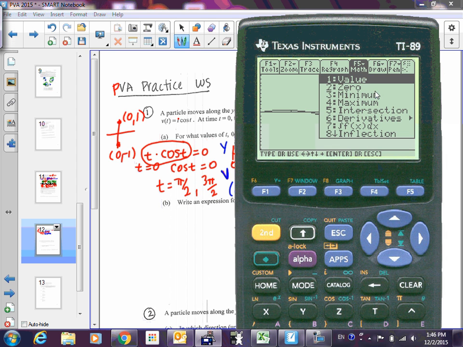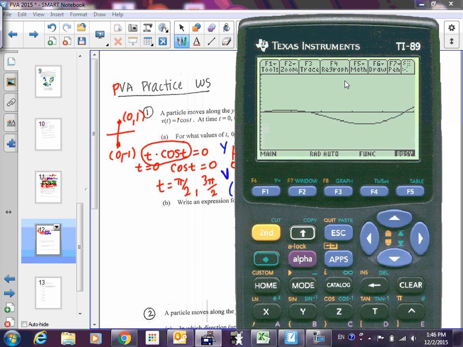If you hit F5, select 0, choice 2, and it says lower bound, so go to the left until you're to the left of that 0, press enter, and then it's going to say upper bound, so go to the right, and then you press enter, and so that's the 0.